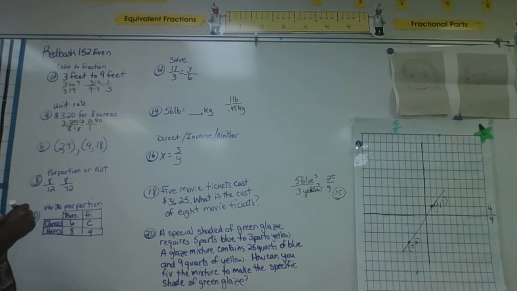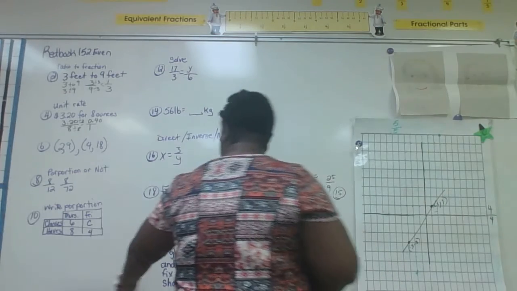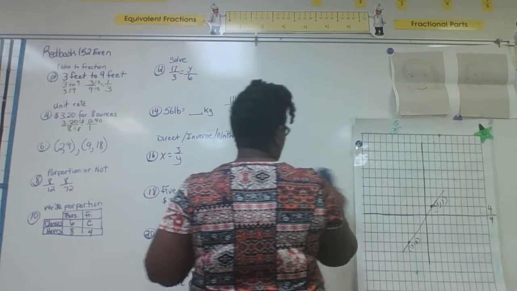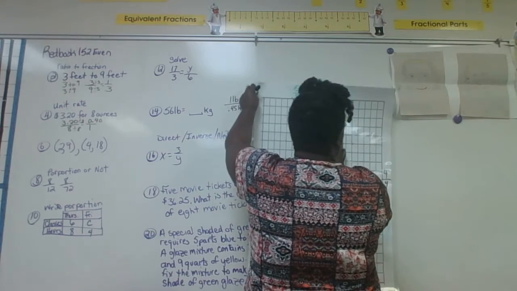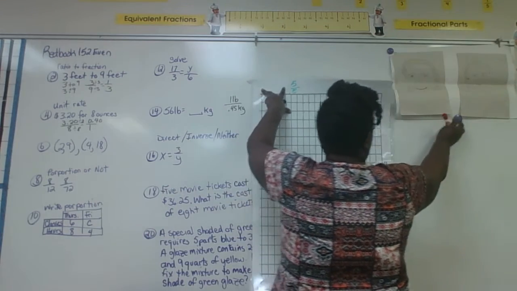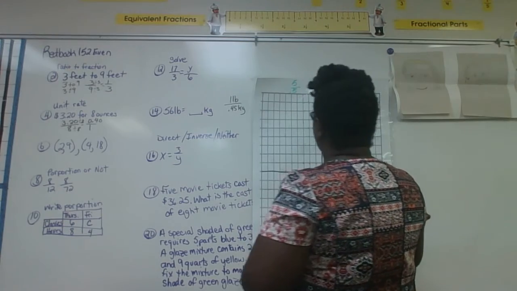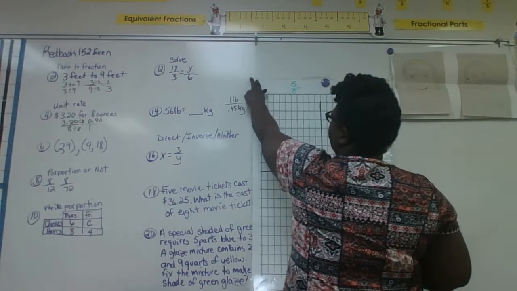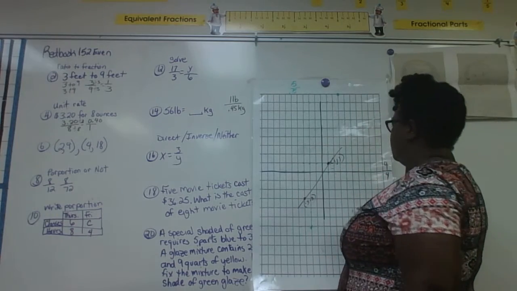Here we have a graph to create. It asks us to graph this line and then find the slope. Okay, so therefore, if we come over here to our graph, we're going to slide it over just a tad. Okay, and we discover that with our graph, we have here 2 ninths, 2.